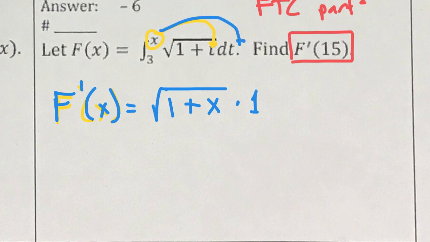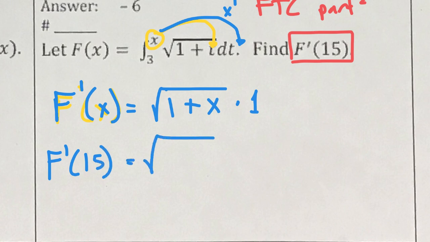So you put x into your function, and then you multiply by its derivative. In this case, the derivative of x is 1. Is it the chain rule? That is indeed the chain rule. So now when we evaluate it at 15, we replace x with 15, and that gives us your answer.